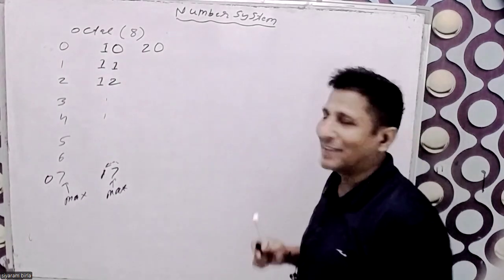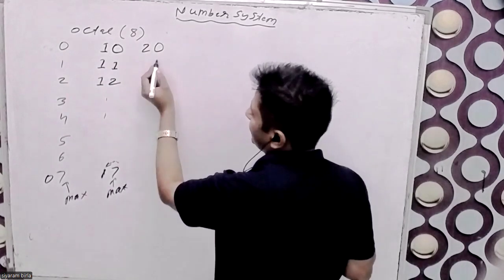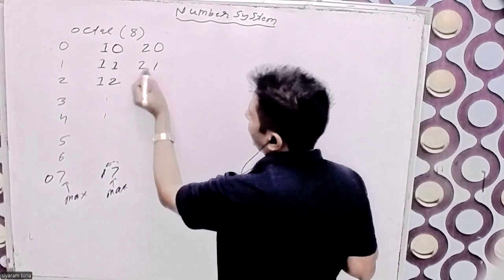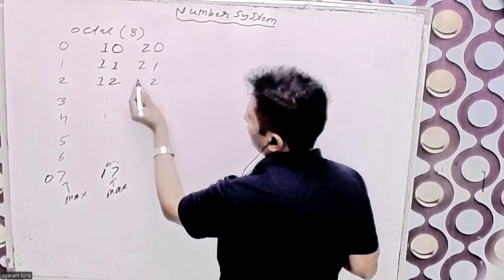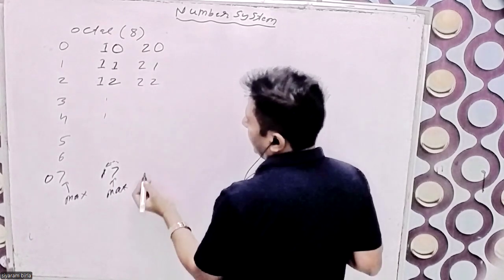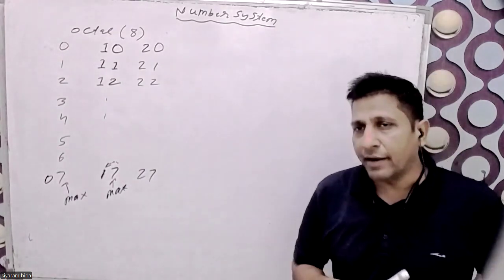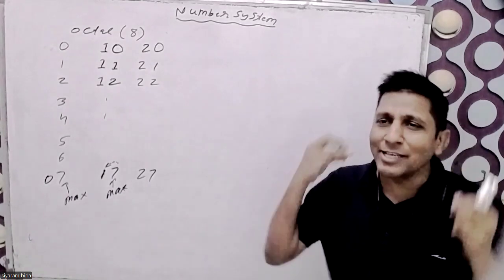So it's 20. Now I tell this digit to please increase by 1. It will increase, and the next digit stays as it is. Like that it goes to 2, 7. After that, I tell 7 to please increase by 1.